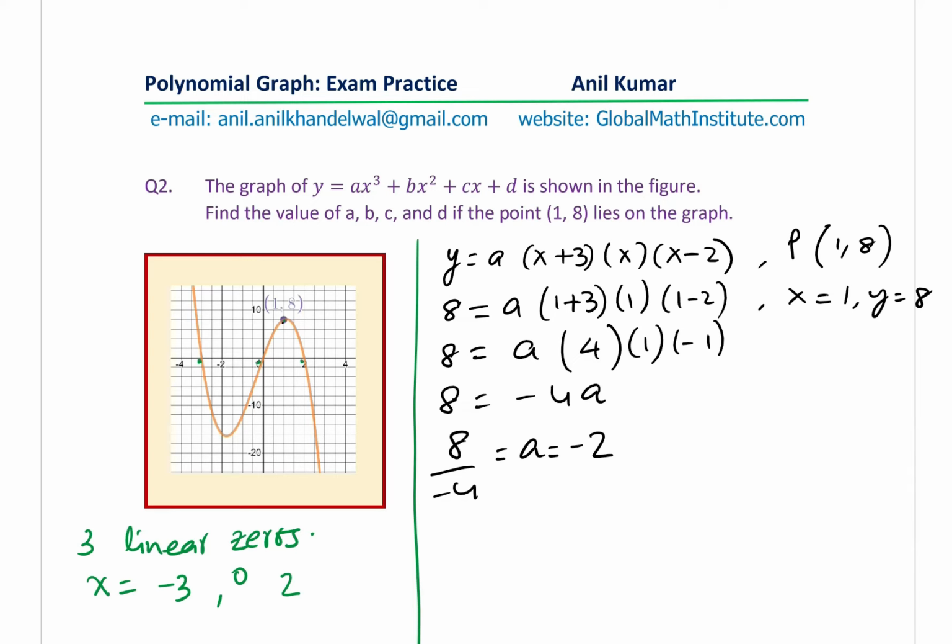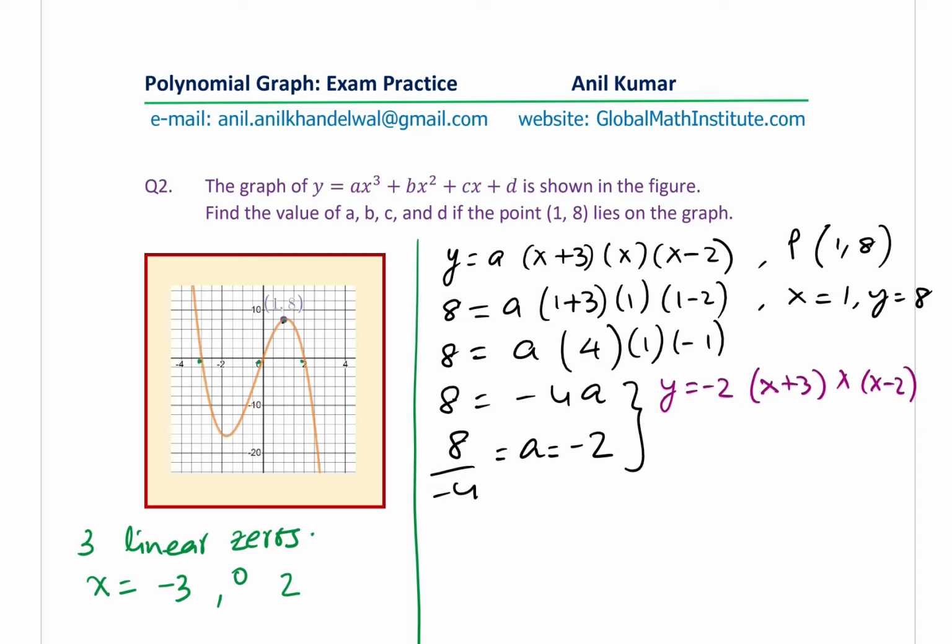So that gives us the equation. Let's write down the equation here. With that, we have our equation as y equals minus 2 times x times (x plus 3) times (x minus 2). Now we need to write this in standard form.